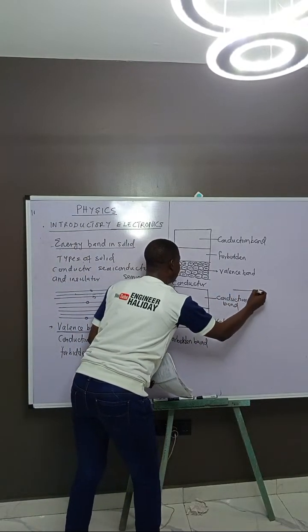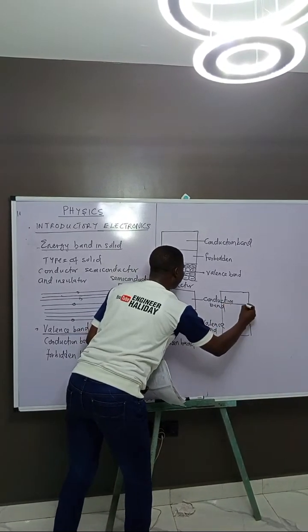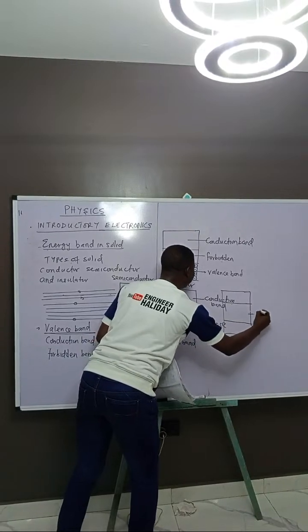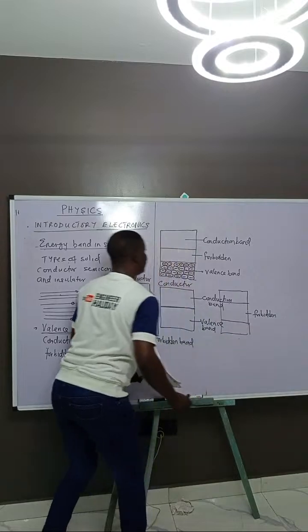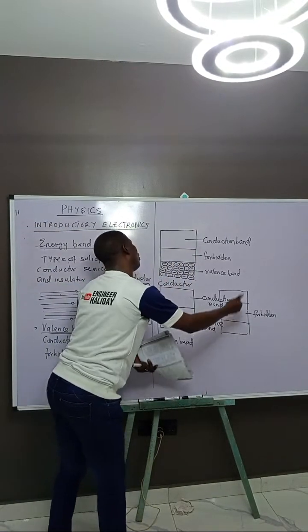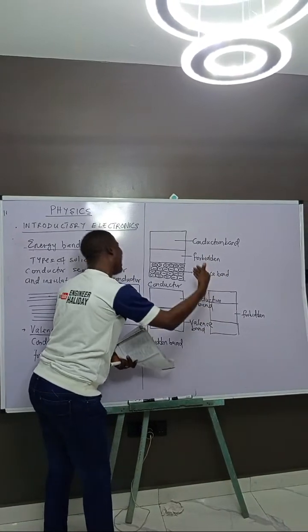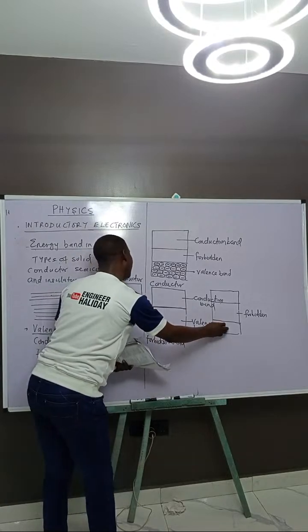What about the insulator? If I draw an insulator here, an insulator has a wider forbidden band. We are going to talk about the implication. A wider forbidden band, whereby the electrons do not have enough energy to get to the conduction band. So they always reside here.